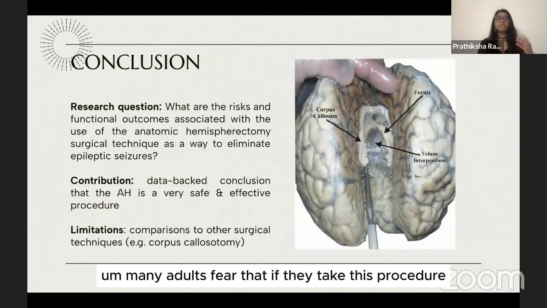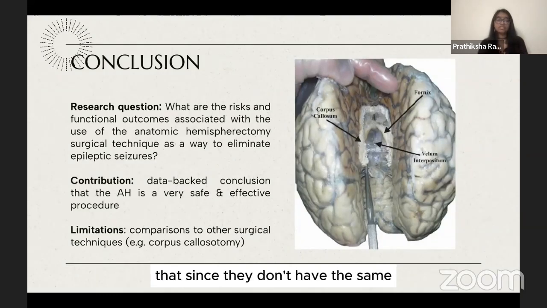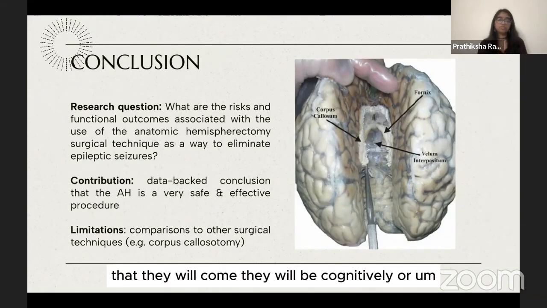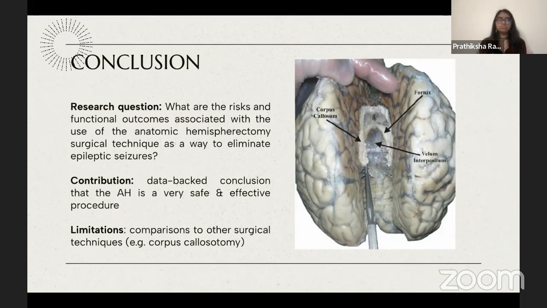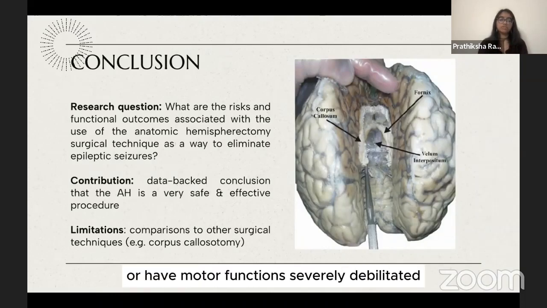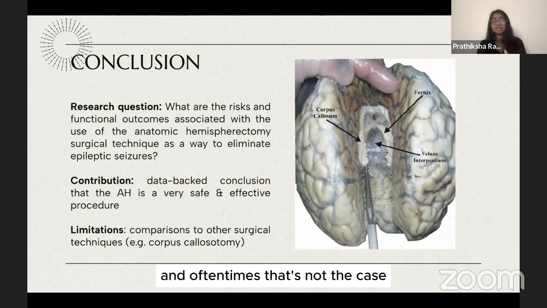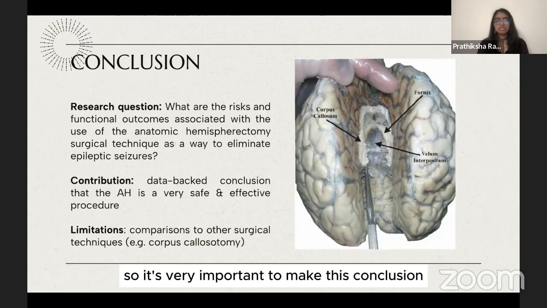Many adults fear that if they take this procedure, since they don't have the same neuroplastic abilities as adolescents and infants, they will be cognitively impaired or have motor functions severely debilitated, and oftentimes that's not the case. So it's very important to make this conclusion that it is a very safe and effective procedure.